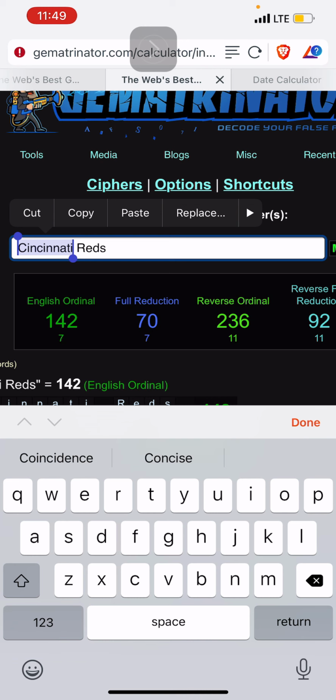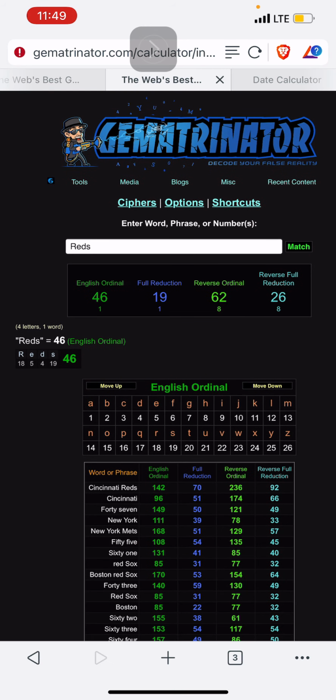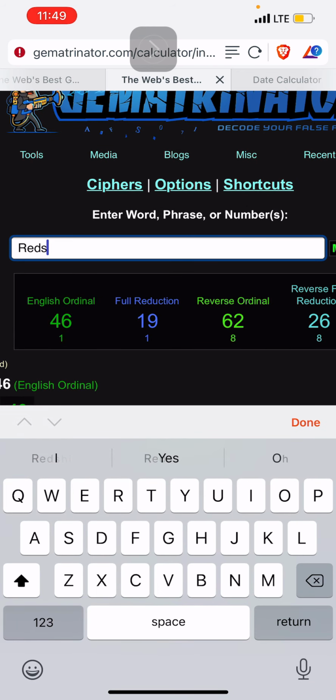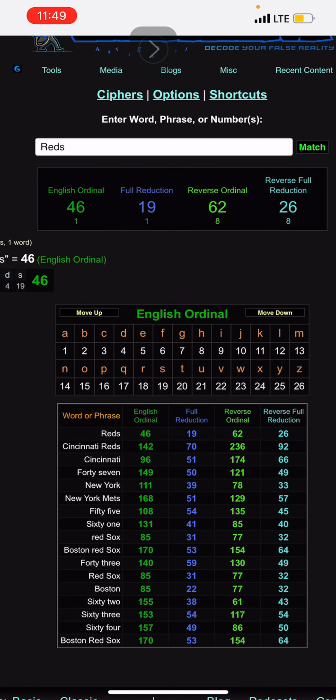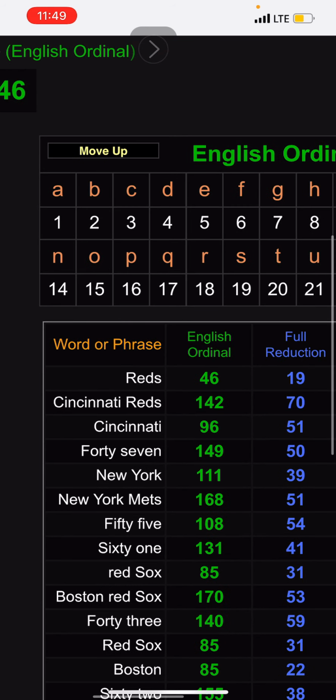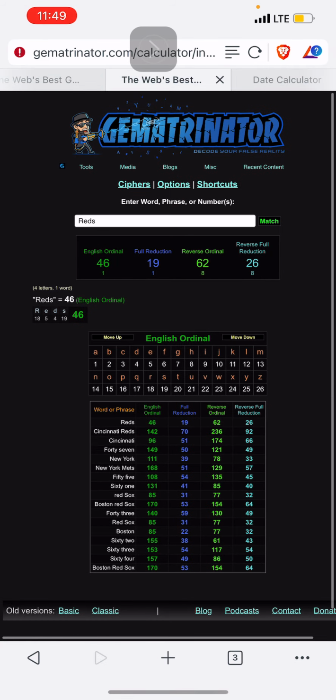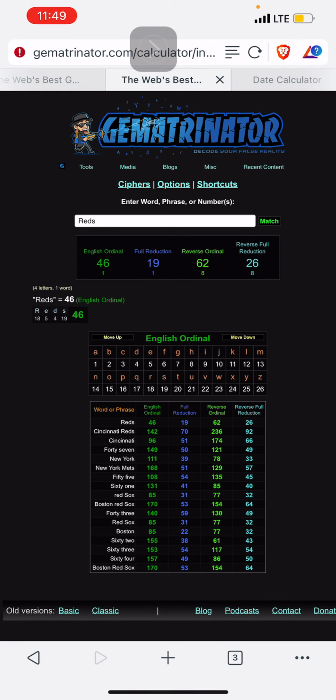But this is kind of how I decode, man. It's probably not the right way, but it's still interesting to see that I've been picking the right teams, and this method's kind of working. It's a lot of bouncing around, a lot of back and forth. You see how the word Reds doesn't have any values for 55, like 46, 19, 62, 26.